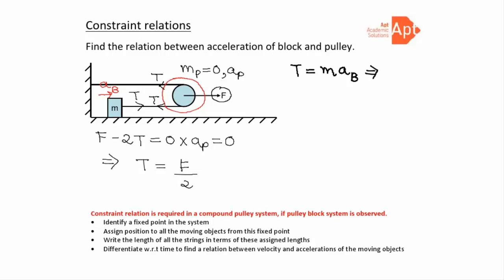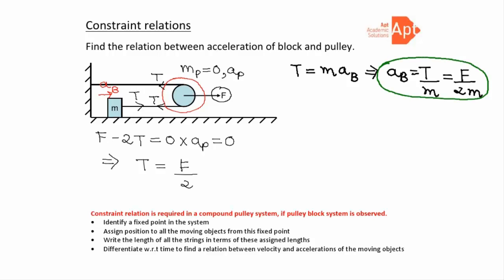This implies AB is equal to T by M, or it is F by 2M. Okay. Now the challenge lies in how to find the acceleration of the pulley, that is, how to find AP.